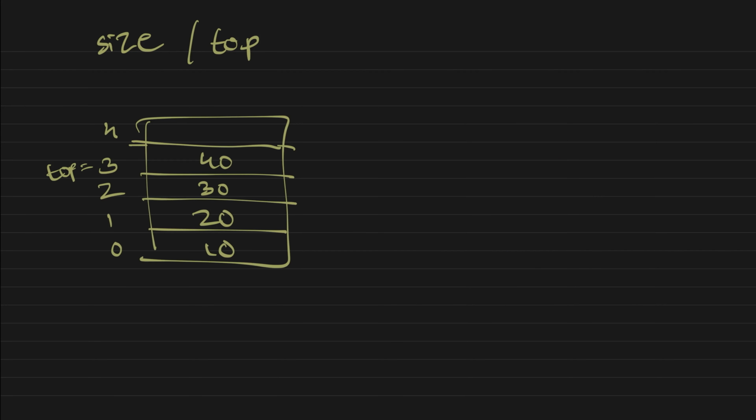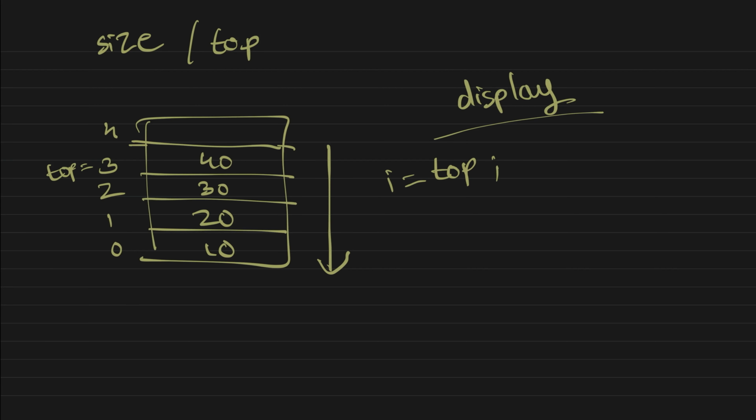Further, if we look at the display function, okay, so display we would have to do from top to bottom. So I would start from index value of top. So from top I will go until, let's say, my index i is at the top, and until i is greater than or equal to 0, and then i minus minus.